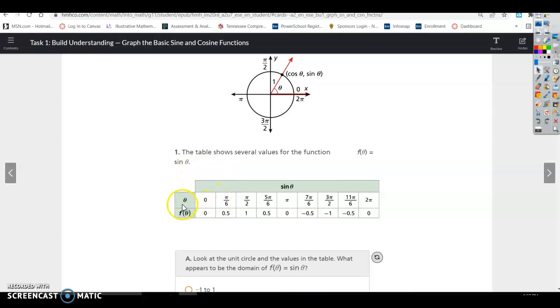All right, so theta is like our x, and f of x is like our y. So these are our x and y values, and we're looking at just values for the sine function, okay?